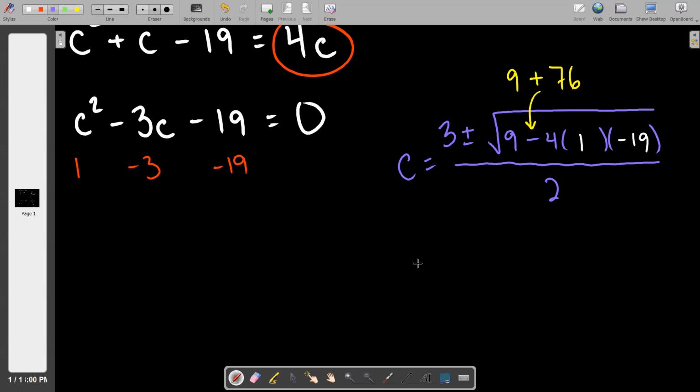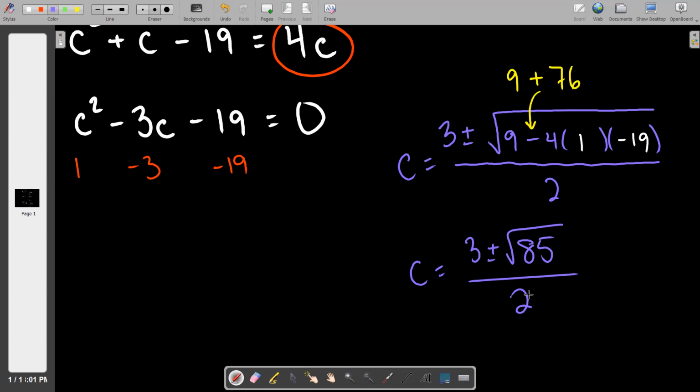So what you're going to wind up with is C equals 3 plus or minus the square root of 85, all divided by 2. And at this point, you would presumably go on a mad dash to say, can I break down the number 85? When you look at your times table chart, you're going to realize 5 times 17 is the only way to make 85, which doesn't do me any good. So you're done. You're welcome.